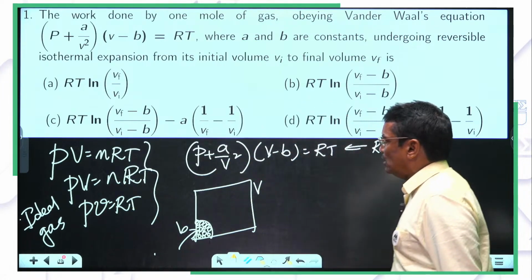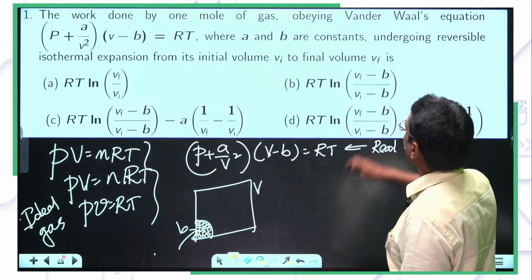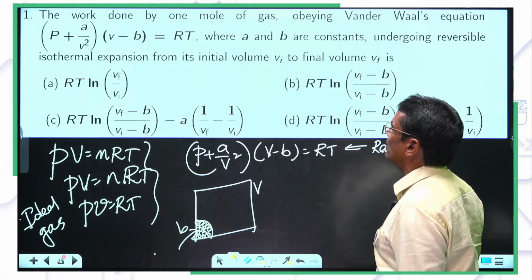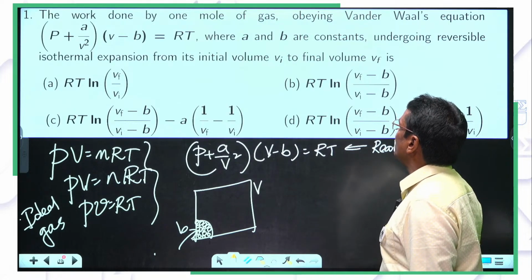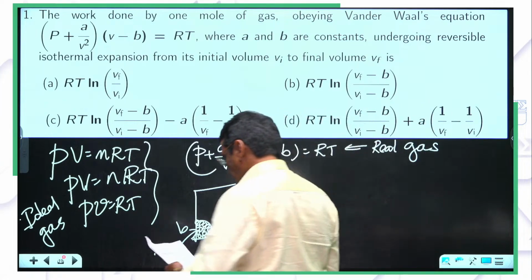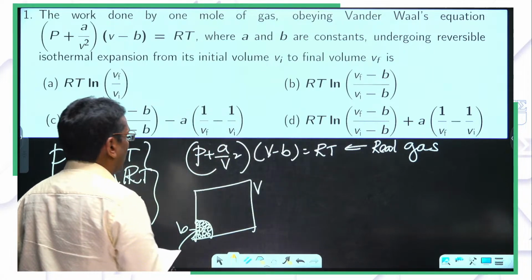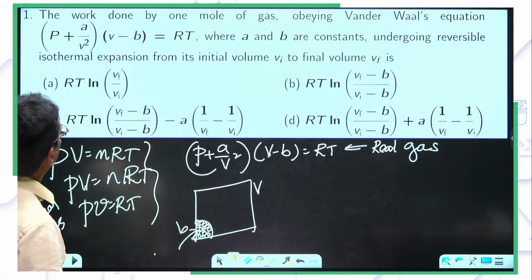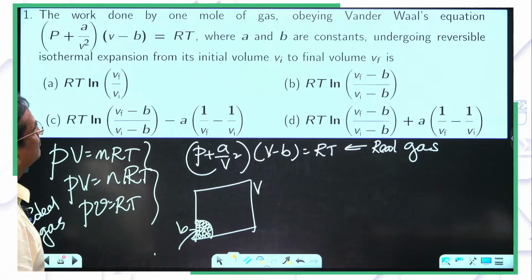Now for this van der Waals gas, if it is undergoing a reversible isothermal expansion from its initial volume Vi to the final volume Vf, what will be the work done? He is asking for the work done.